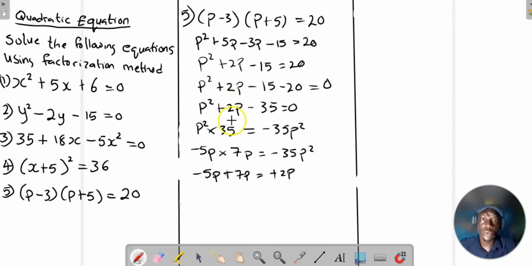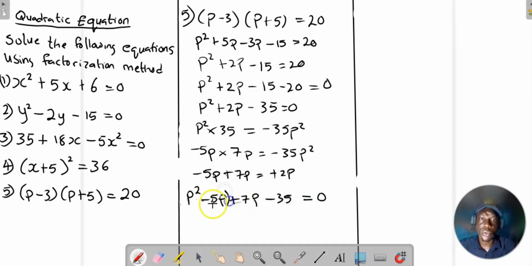Now let's replace this 2p with minus 5p and plus 7p. So we have p squared minus 5p plus 7p minus 35 is equal to 0.